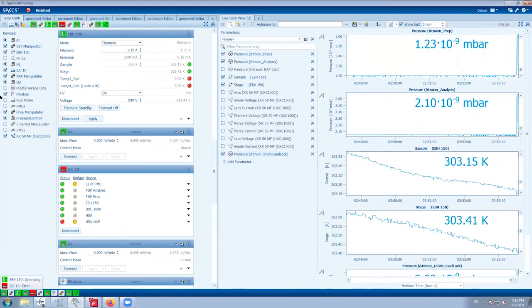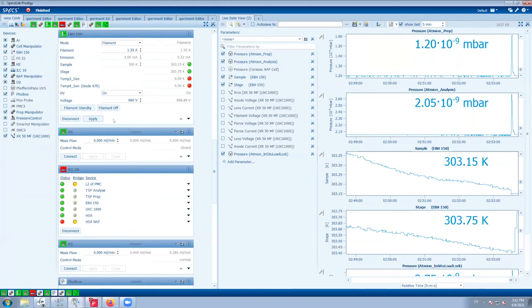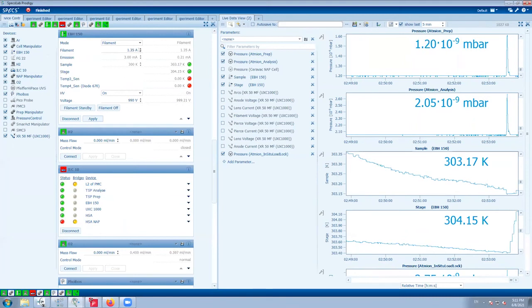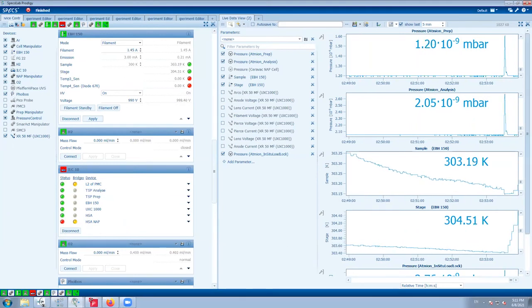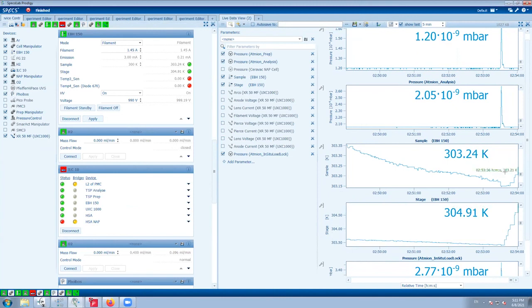I changed it because we have one cable for two manipulators, and we sometimes need to switch which manipulator we would like to heat. We are putting current in the heater, in the filament, and it starts heating through the current coming through. And here we can actually observe the temperature of the sample and of the stage. So we're going up.